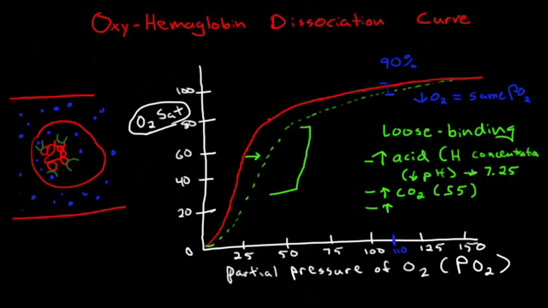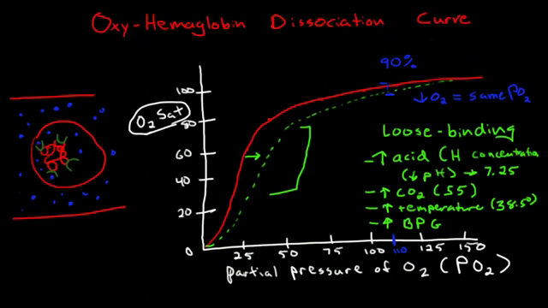Increased temperature. So if a patient has a fever, so say a temperature of 38.5 degrees Celsius. And then the other thing that can do it is increased BPG. And just keep that in your mind, and I'll talk about BPG in a few minutes.